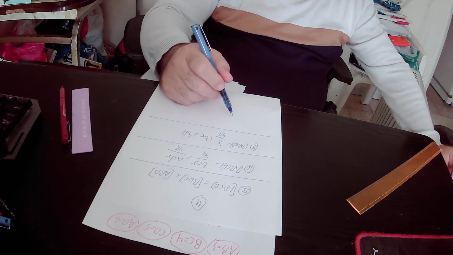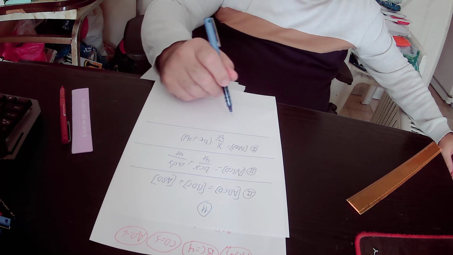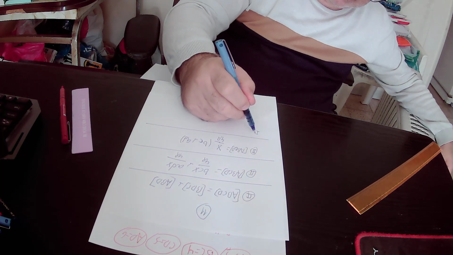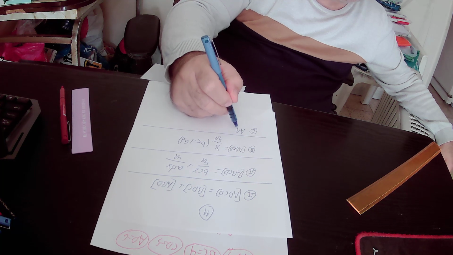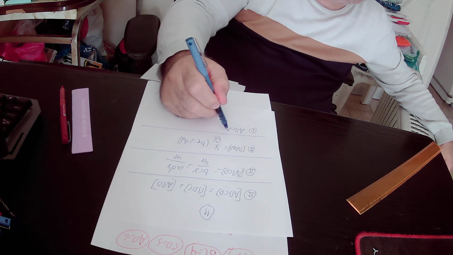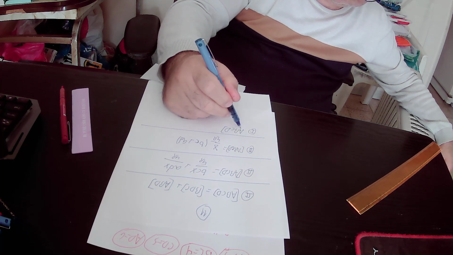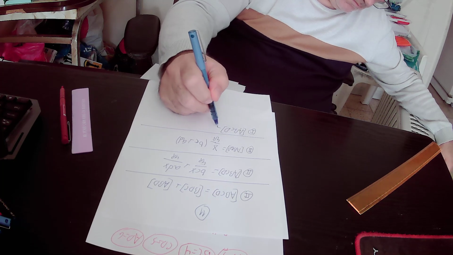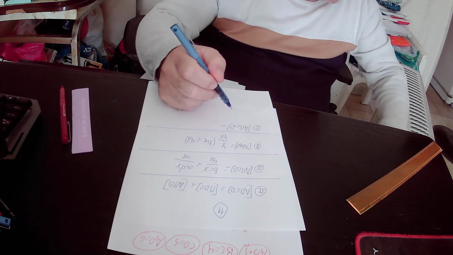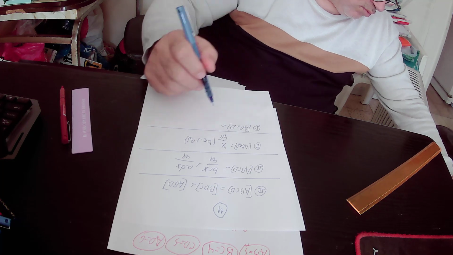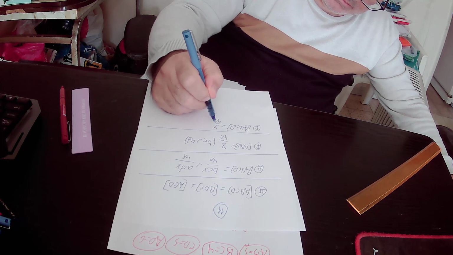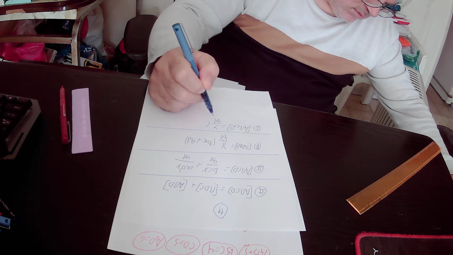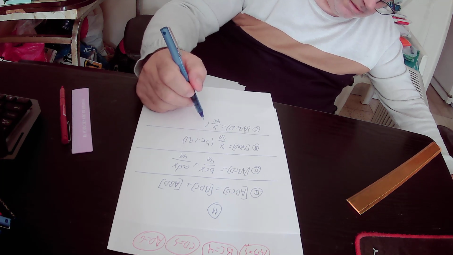But we have already found out, according to equation number 1, that the area of quadrilateral ABCD equals y over 4r times AB plus CD.